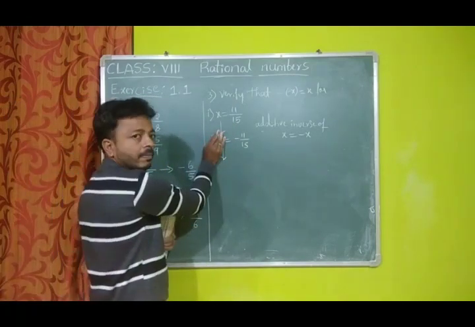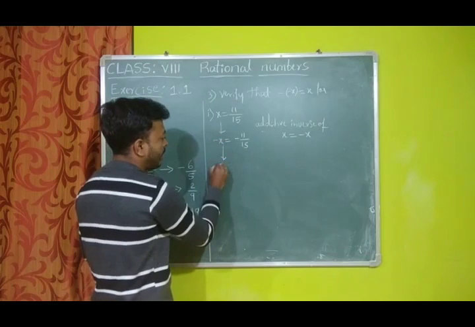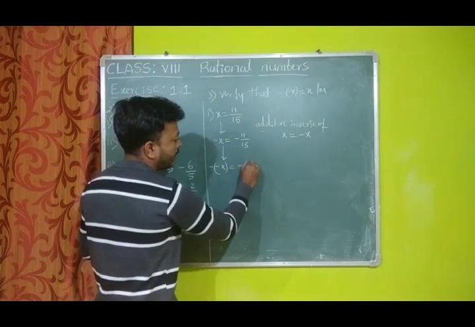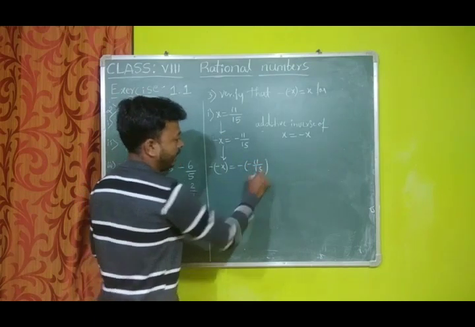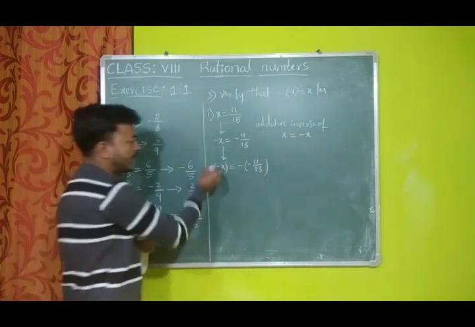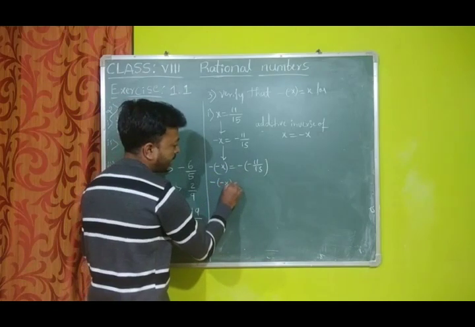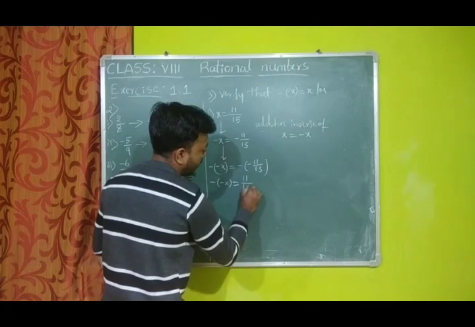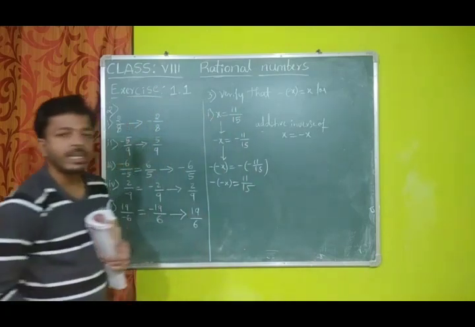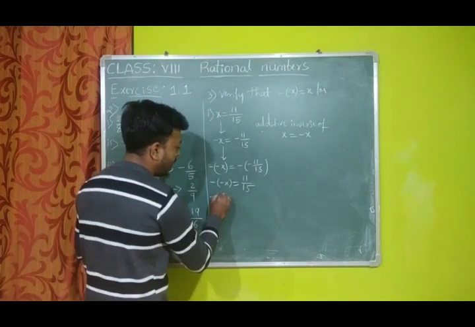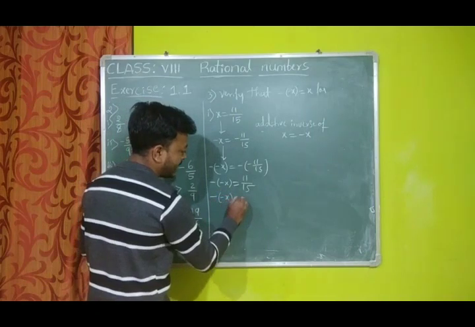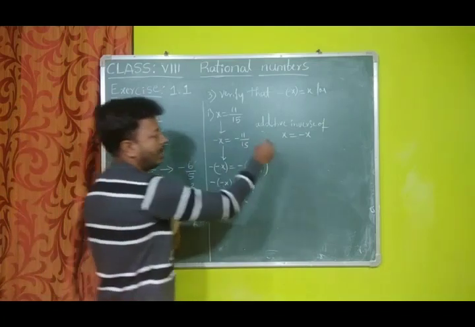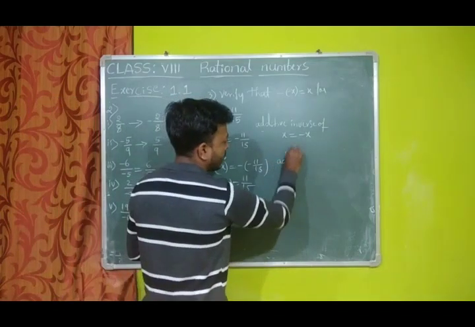This is one term, and this will become minus of minus 11 by 15. Now this one write as it is, minus of minus x. Minus minus becomes plus 11 by 15. So 11 by 15 is what they gave as x. Substitute here. Minus of minus x is equal to x. We proved it using additive inverse.